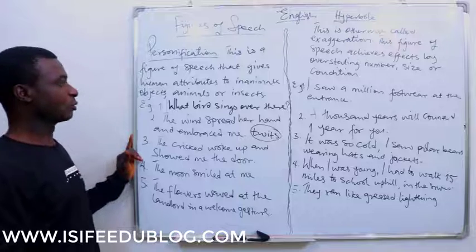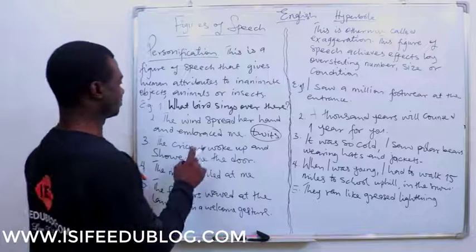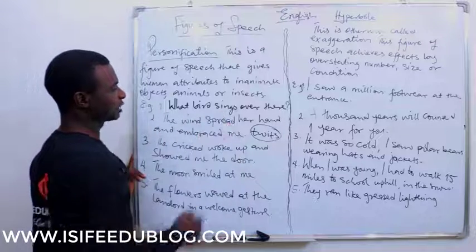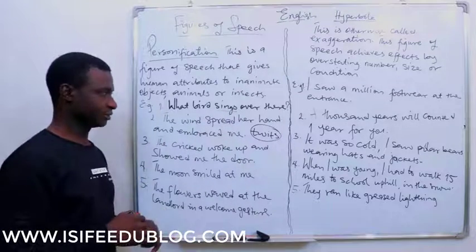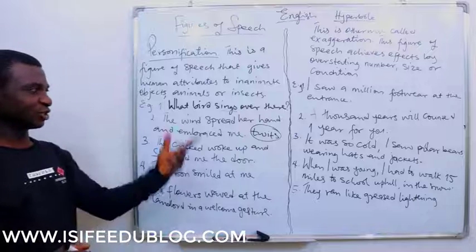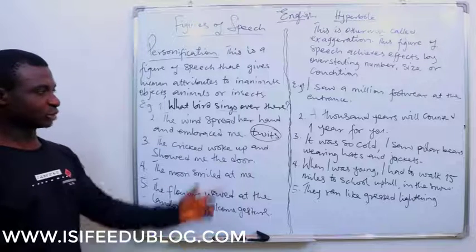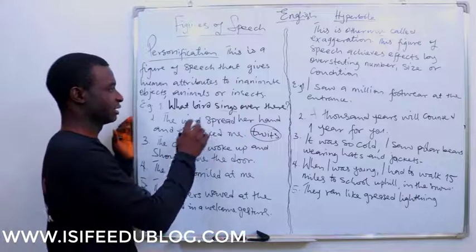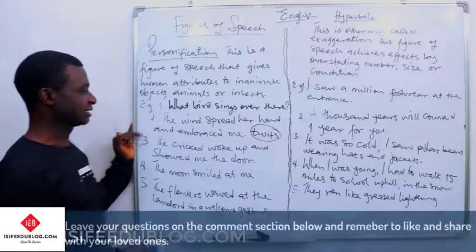Alright? So, this time we say the bird sings. What bird sings there? Human beings sing. Birds tweet. So, for saying that a bird sings, we have personified the bird.